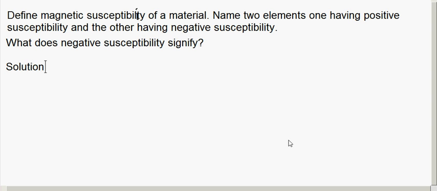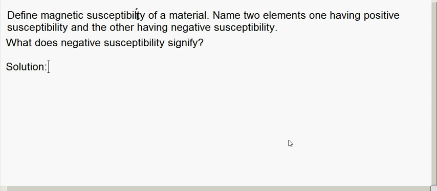For the definition you can refer to the previous note because it is the ratio of I by H. You already know the definition. You can write down that. Define magnetic susceptibility of a material: it is defined as the ratio of I by H, or the ratio of intensity of magnetization to the magnetic intensity.